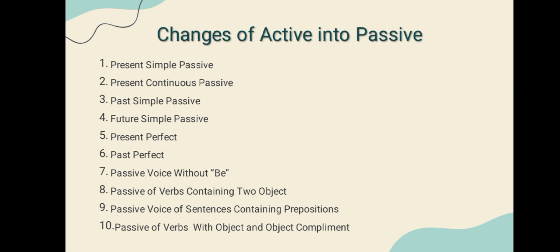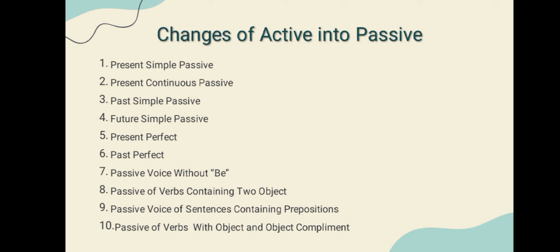Next, we have changes of active into passive. So we have 10 changes here. First, present simple passive. Second, present continuous passive. Third, past simple passive. Fourth, future simple passive.